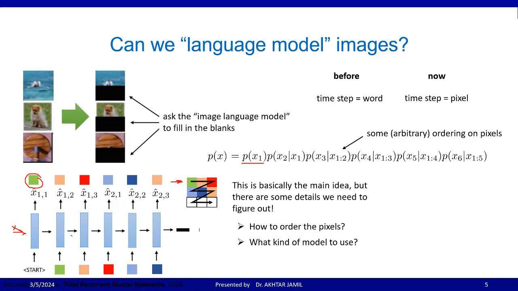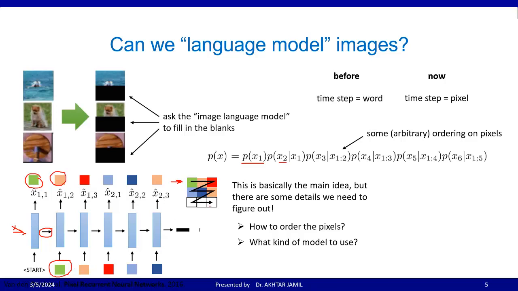Then when we are predicting the pixel x of 2, we are taking the previous pixel as input and also the output from the previous pixel. The green means we are taking the input green as well as the output produced when we were generating this x of 1. These two will help us produce the next pixel.